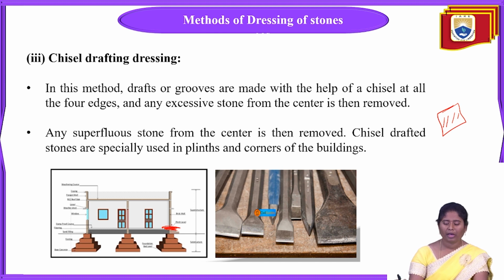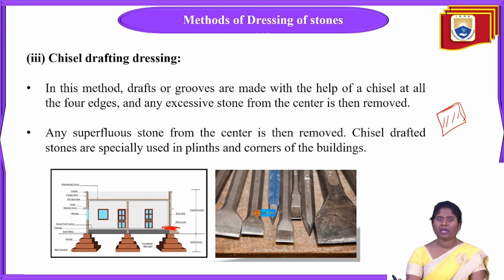Here we make use of chisels to make the drafts or grooves on the four edges of the stone. And if any excessive stone from the center is there, then it can be removed, because the edges of this stone will be flat, and the surface of that stone may be rough also.